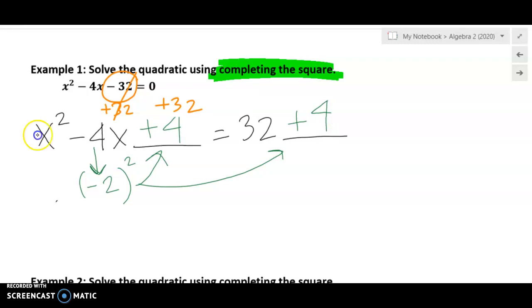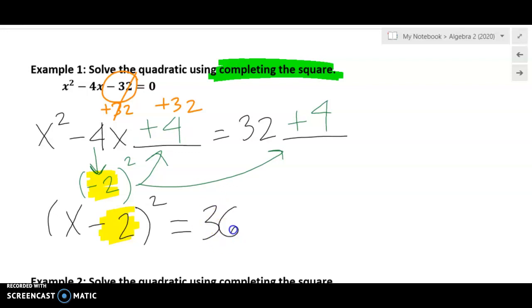When you write this, this negative 2 that we did here, you're going to fill that into the set of parentheses that I created. So see how that negative 2 I highlighted yellow? That's going to match this other part that I highlighted yellow. And 32 plus 4 is going to give me 36. So I have x minus 2 squared equals 36.